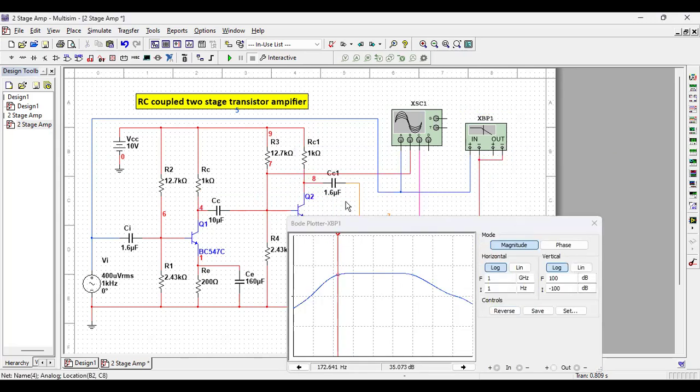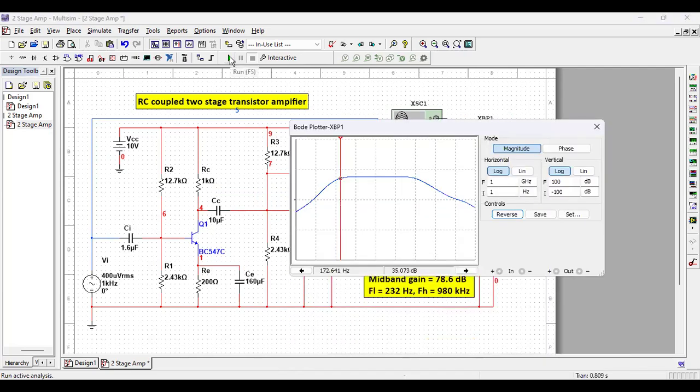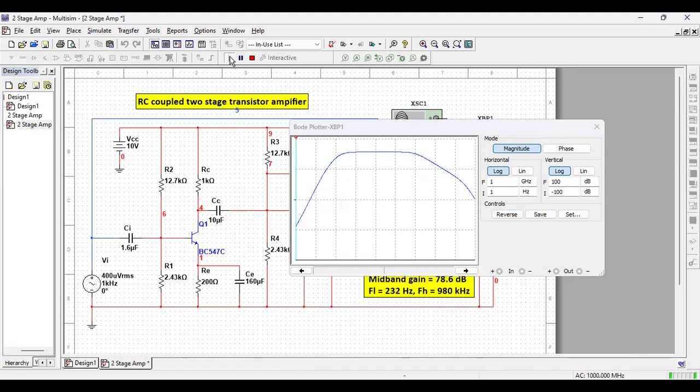I shall connect this output now to the output of the second stage and run once again. See, the Bode plot has changed. What we can see is that gain has increased.